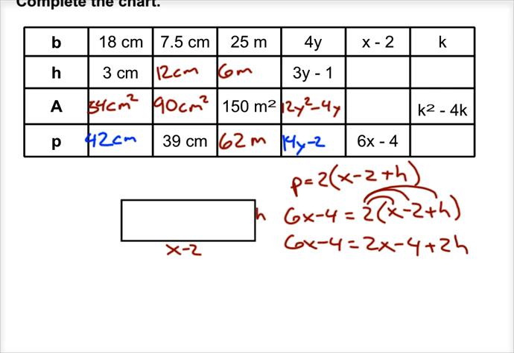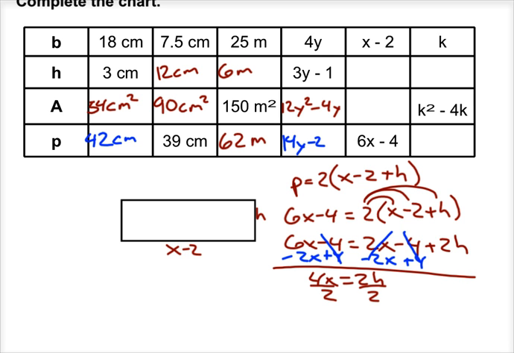Trying to get h by itself so I can know what the height is. So at this point, I'm going to subtract 2x on each side. I'm going to add 4 on each side. And that's really nice, it cancels on each side. So at this point, I have 4x equals 2h, divide by 2, and I get that the height is 2x.